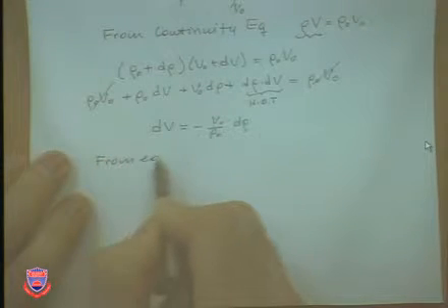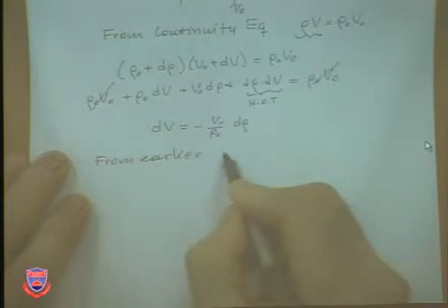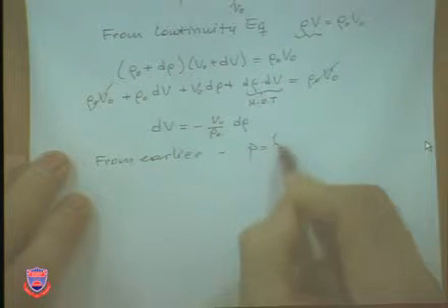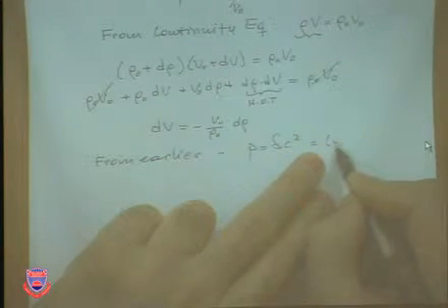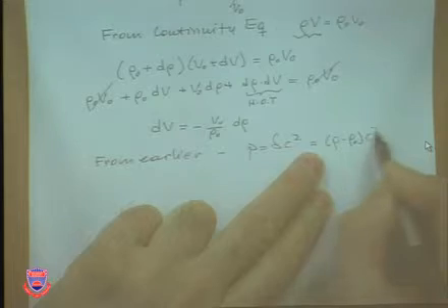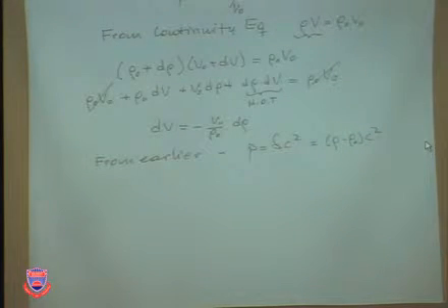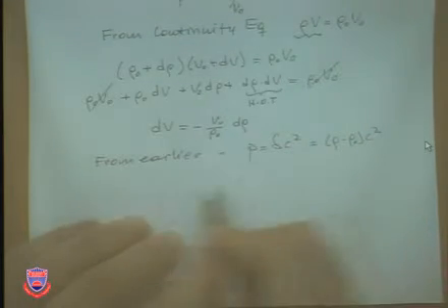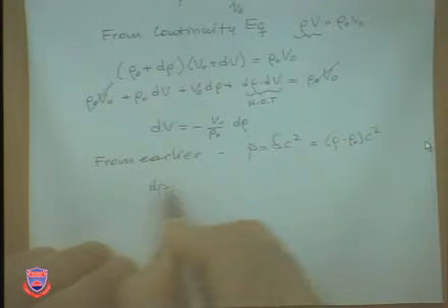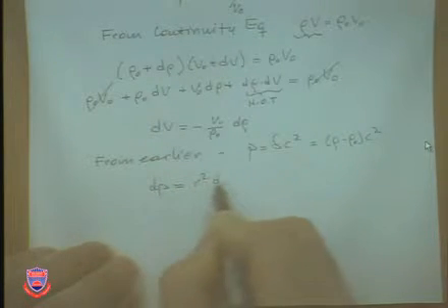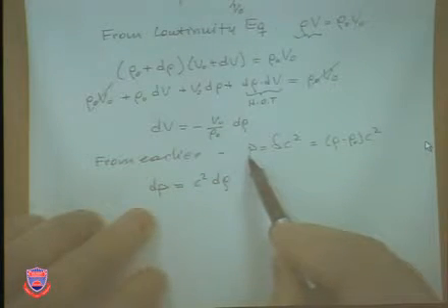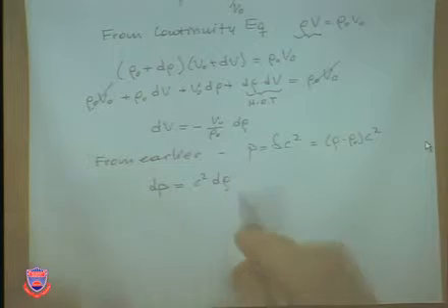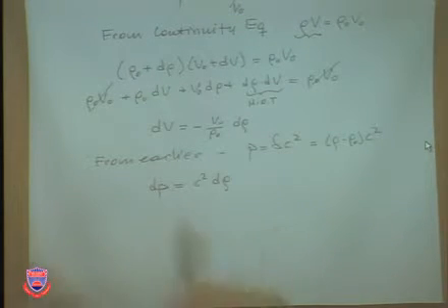From earlier developments, we have the change in density, if you remember, which we can write as: change in density is proportional to change in pressure through the square of the speed of sound.